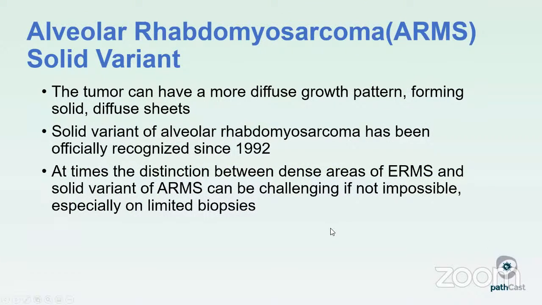The tumor can have a more diffuse growth pattern in the solid variant, forming solid diffuse sheets. The solid variant of alveolar rhabdo has been officially recognized since 1992. The distinction between this subtype and dense areas of embryonal can be challenging, if not impossible, especially on limited biopsies, and we have to resort to molecular methods.